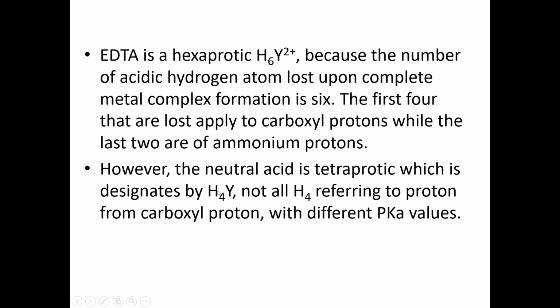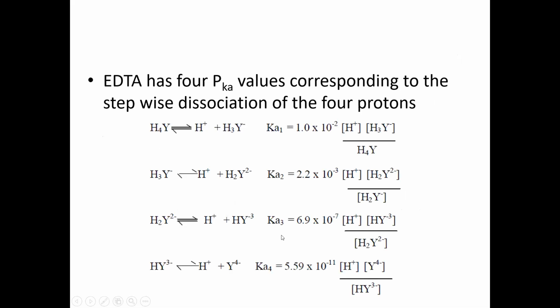And you know where the H4 comes from, the four acetic acid groups on the EDTA. So the protons from the carboxyl groups, each of these four replaceable protons, have their different dissociation constants. So the first proton, when it is removed, has its own dissociation constant. The second proton, the third proton, and the fourth proton.